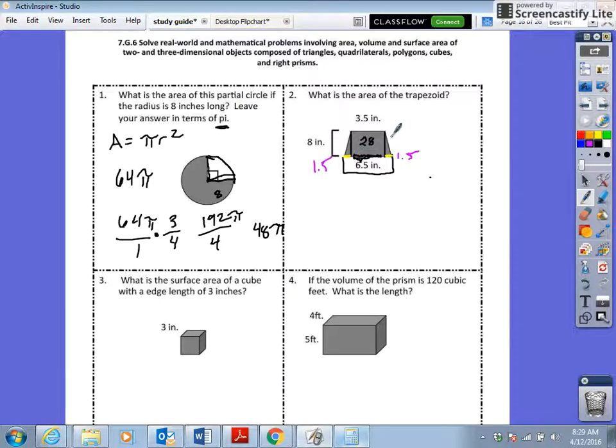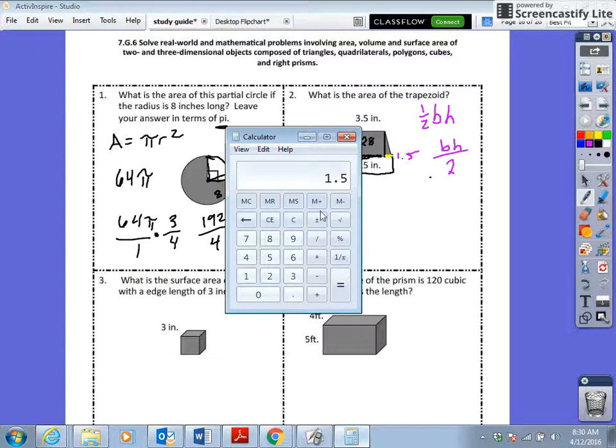So I'll just find the area of this triangle. I know the area of a triangle is 1/2 base times height. Or you do your base times your height and you just divide by 2. So my base is 1.5 and my height is 8. 1.5 times 8, and then I divide by 2.